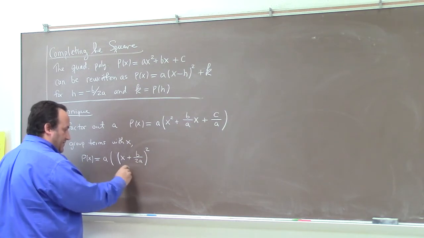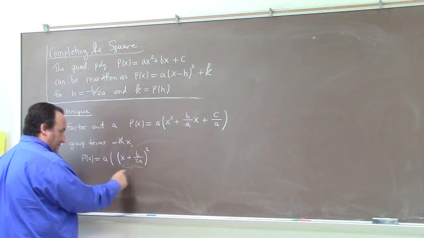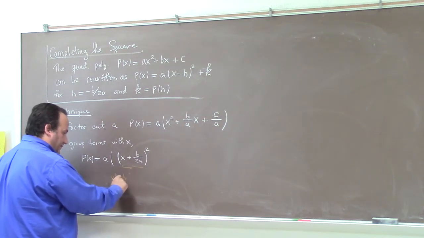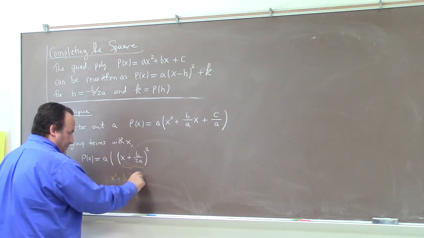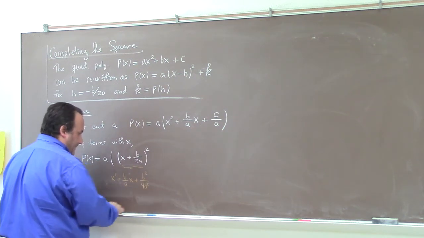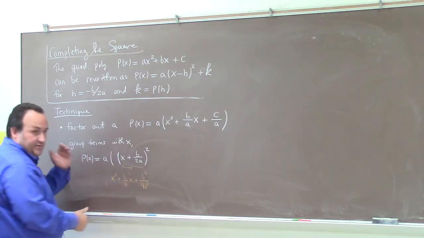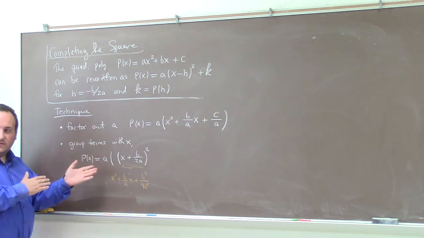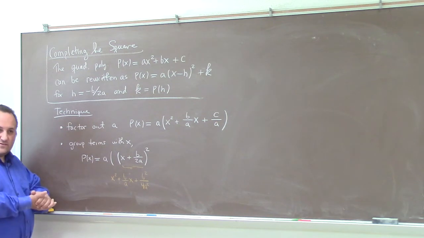What happens if you multiply this out? You get an x squared plus b over a x plus b squared over 4a squared. These are the three terms that you get, because you get b over 2a x and another b over 2a x, and you add those together to get b over a x.